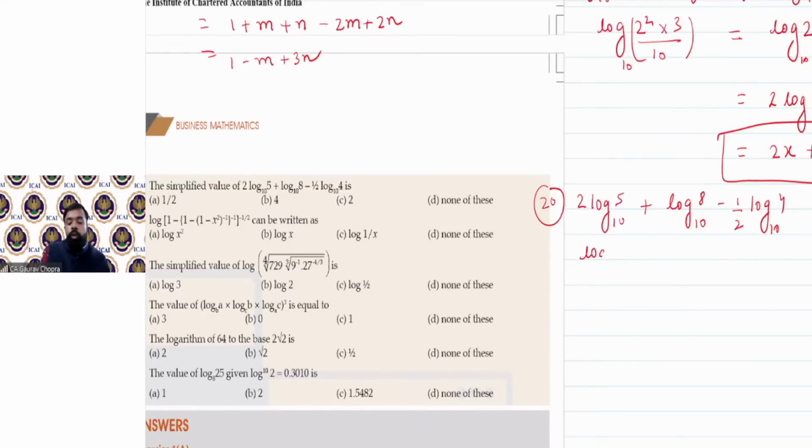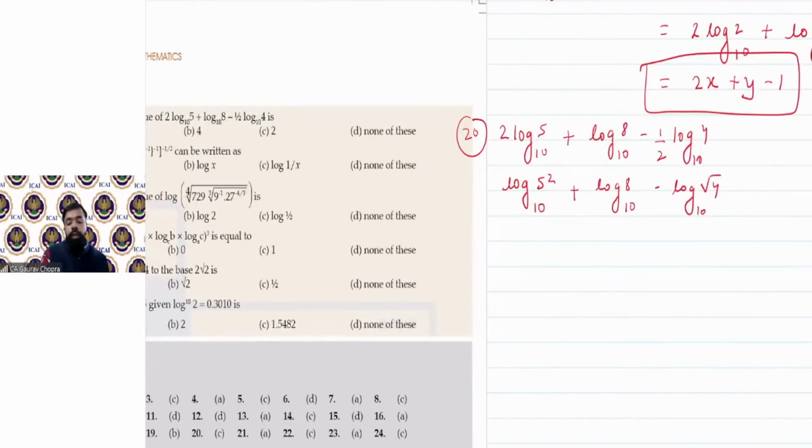So it will be log of 5 square base 10, then log of 8 base 10 and minus log of root 4 base 10. Now the addition and subtraction property you can apply.